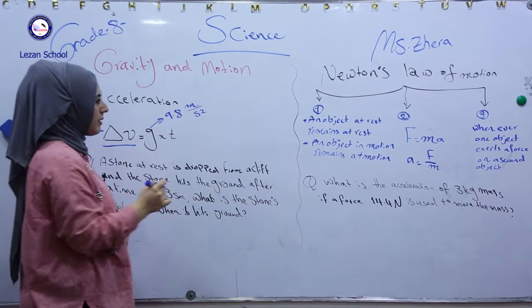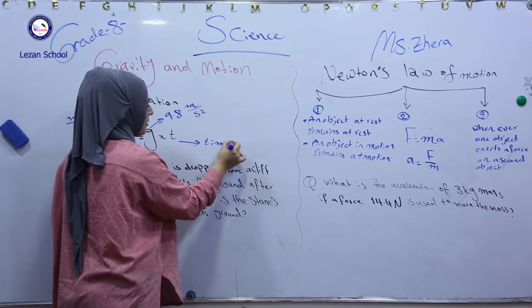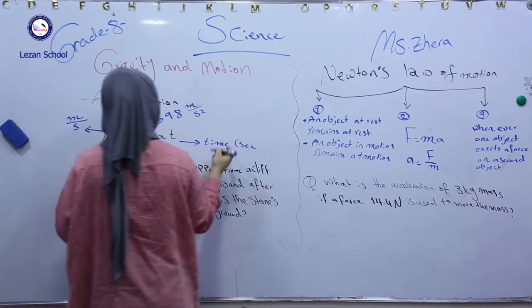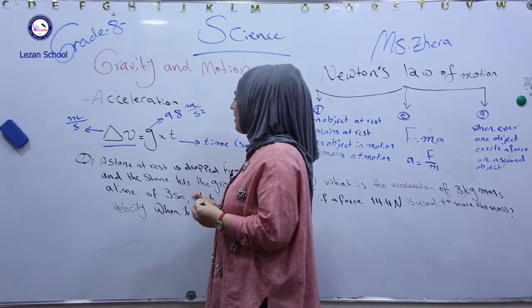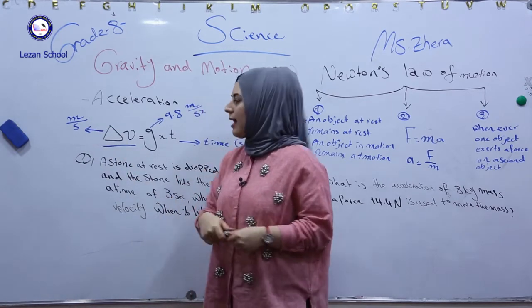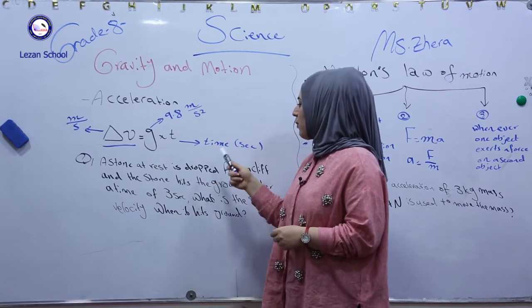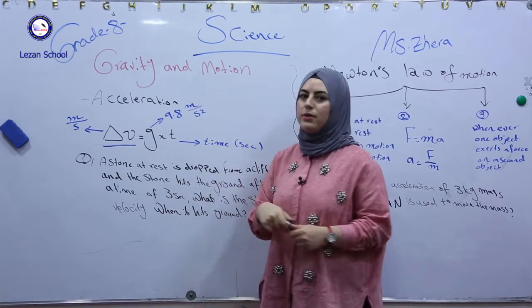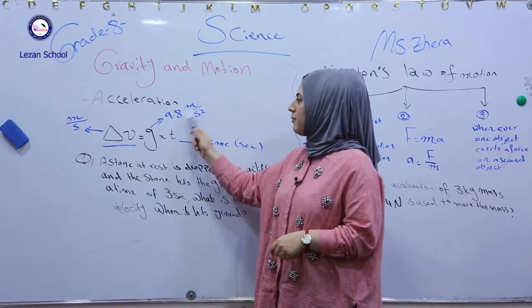And t is time, measured in seconds. The rule says the change in velocity equals gravity times time: delta V equals g times t. Gravity is constant on the earth at 9.8.